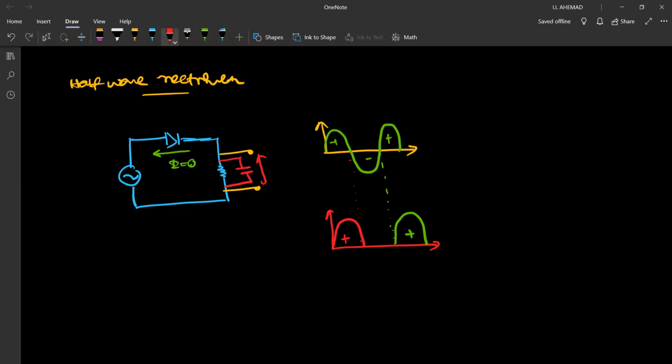A large capacitor across this resistor. When we use a large capacitor, when there's a current flow in this direction, this plate gets positively charged and we will have a current flow downward. At the same time, this capacitor gets charged.